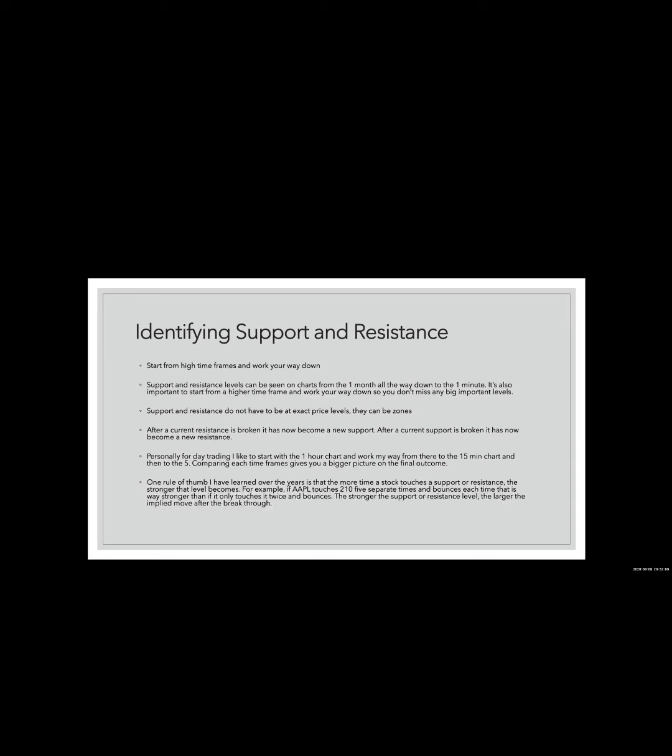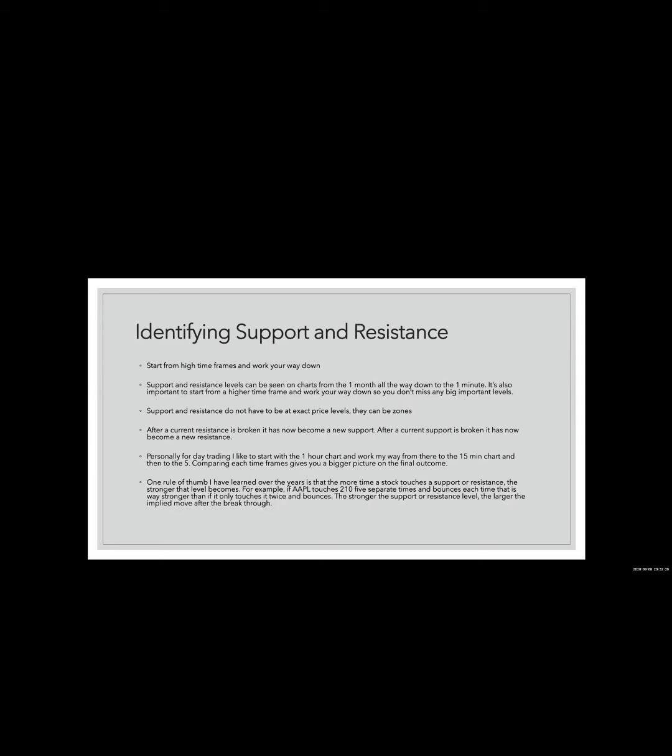So if Apple has support at 150, it breaks down through 150, then that old 150 is now your new resistance. Personally, for day trading, I like to start with the 1 hour chart and work my way to the 15-minute chart and then to the 5-minute chart. Comparing each time frame gives you a bigger picture on the final outcome.